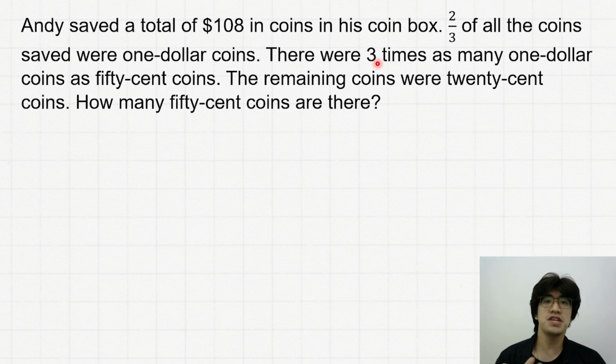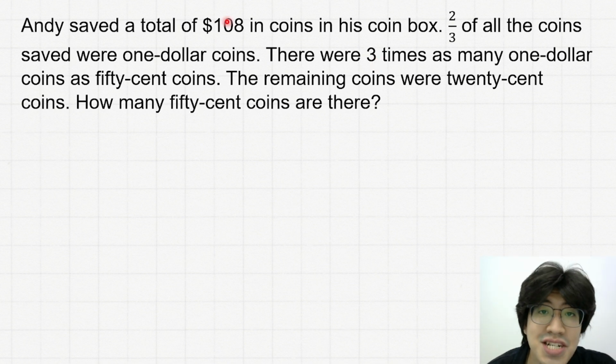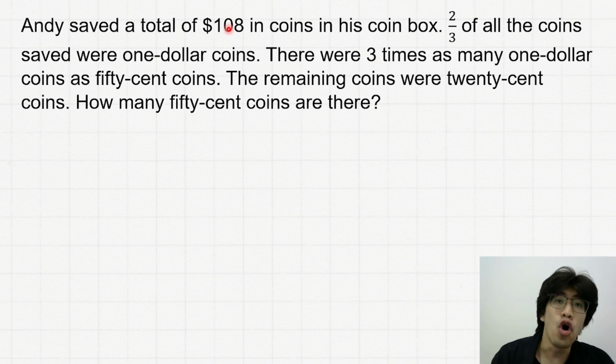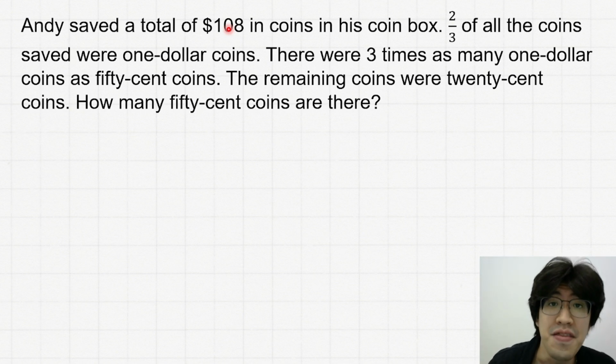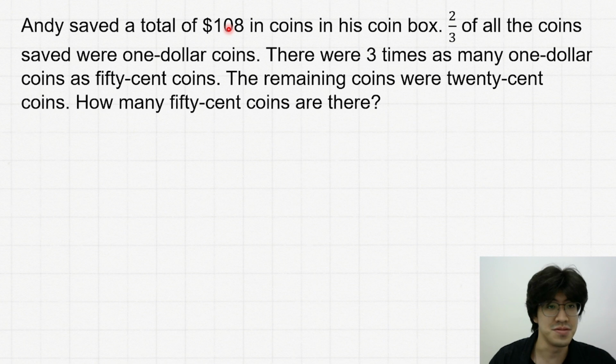Well, let's try to see if we can get some information over here. Now, first of all, this 108 refers to the total value. Now, do we know the ratio of the total value of $1, 50 cents, and 20 cents? Well, we don't know. So let's see what other information the question can tell us. So over here, I can see that 2/3 of all the coins are $1 coins and 3 times as many $1 coins as 50-cent coins.